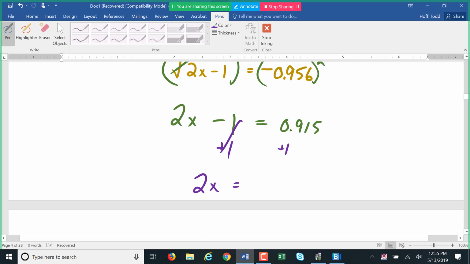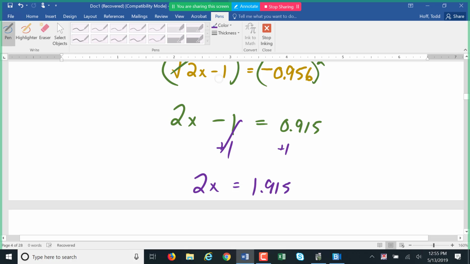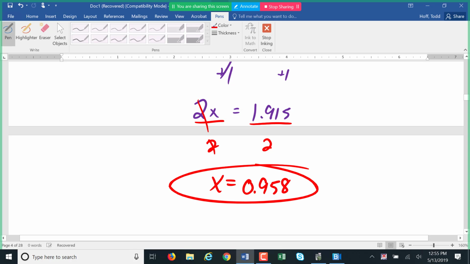So 2x equals 1.915, and then divide by 2, perfect. X equals 0.958, basically. What do you think? Not so bad?